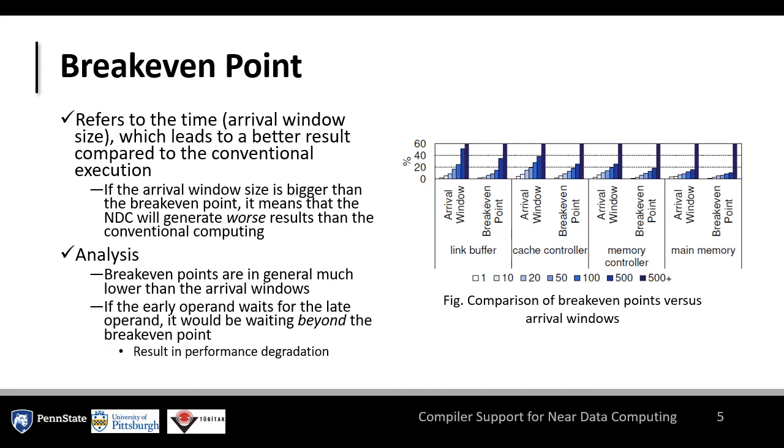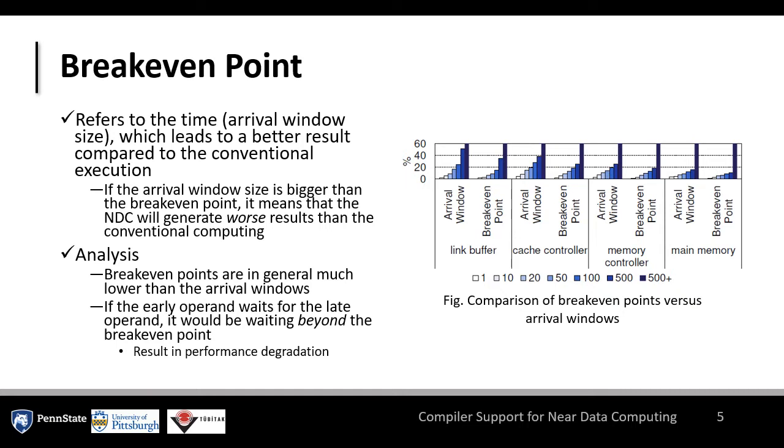If the arrival window size is bigger than the break-even point, it means that near data computing probably is not going to generate a better result than the original conventional execution. So we want the break-even point smaller than the arrival window, so that we can figure out the right amount of time to wait using some strategy.